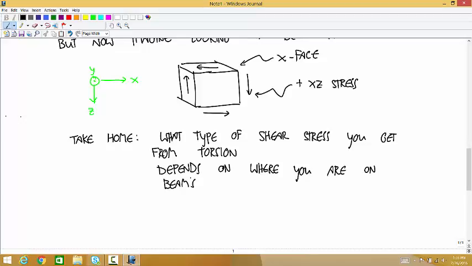And that's a new thing. We haven't seen that with any of these internal loads yet. Okay, so that's going to be an issue that we're going to have to deal with.